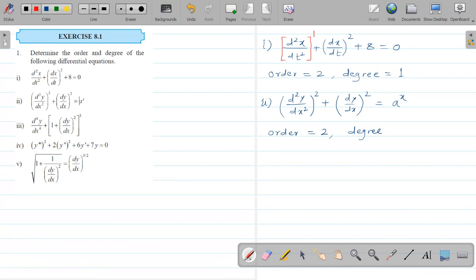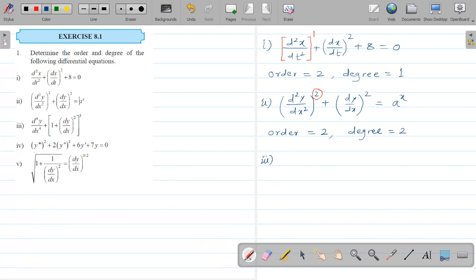There are no negative or fractional indices. So this is the power of the highest order derivative, and you can write the degree is equal to 2. So order 2 and degree also 2. Order means highest order and degree means the power of the highest order. Okay, so solve like this, whether the question is for 2 marks or for 1 mark.